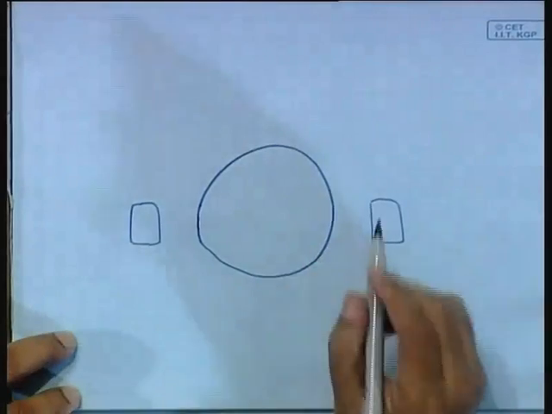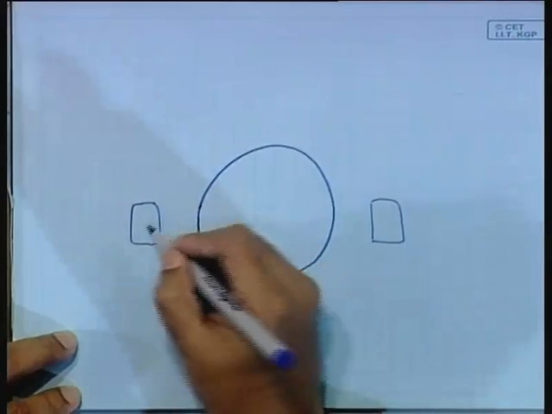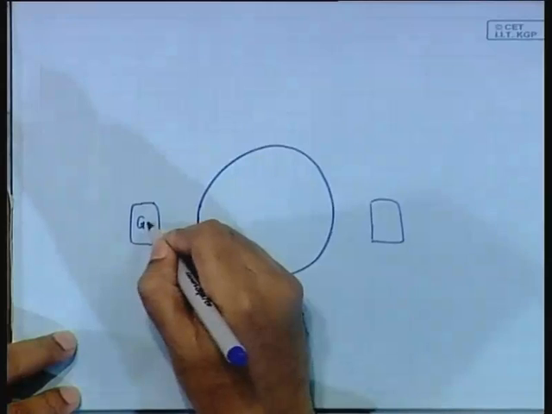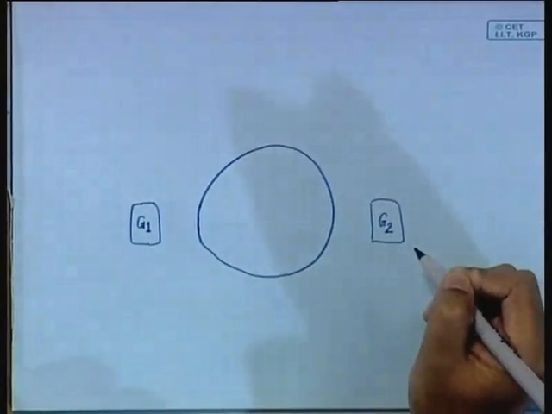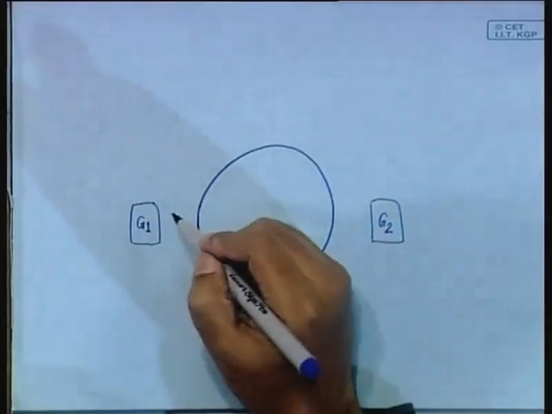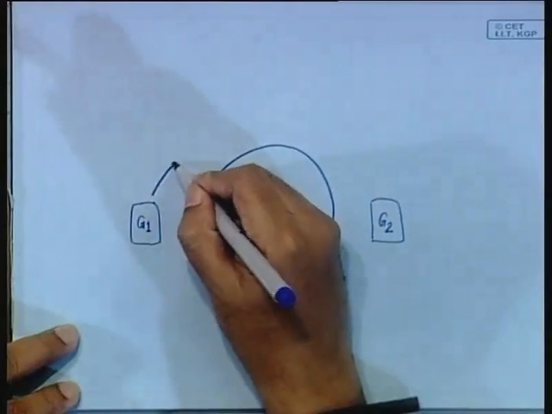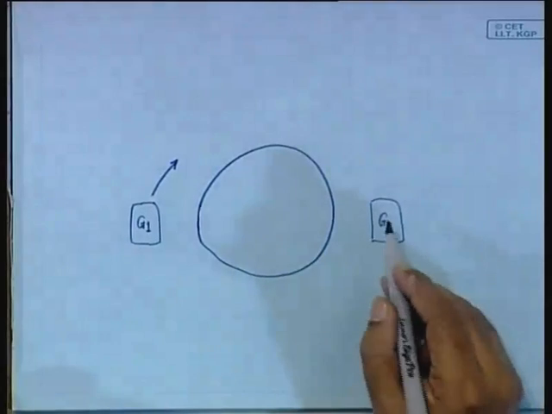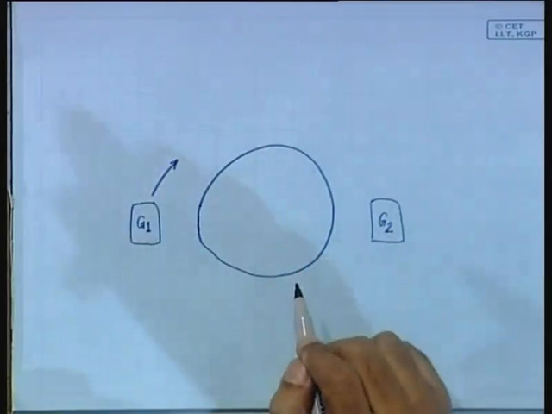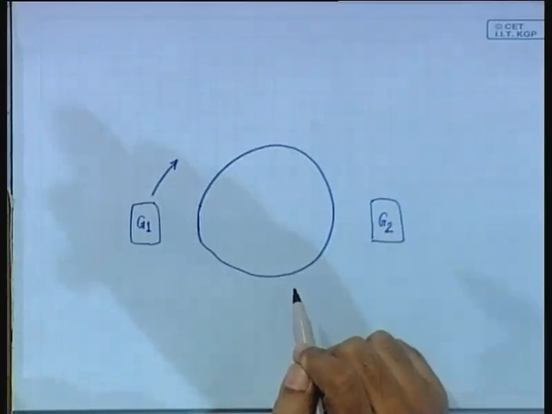This army has general 1, and this army has general 2. Now general 1 sends a message to general 2 indicating that we want to attack the fort tonight.